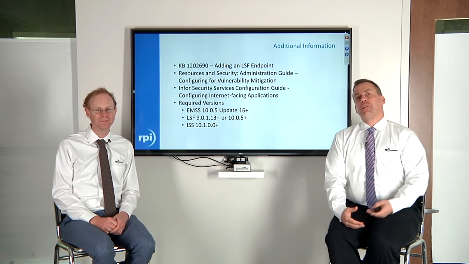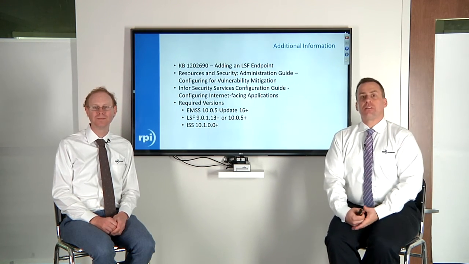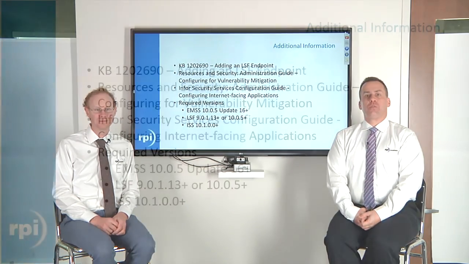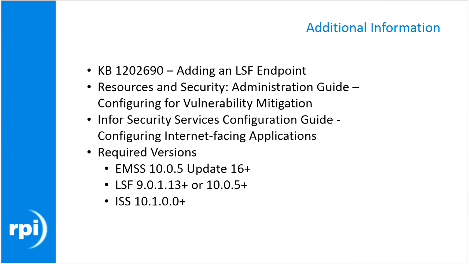So a little bit of additional information for you, where a lot of this was gathered. You can see here to do some further reading on your own. Don't forget your required versions, that you need to be fairly current. I would think that most people are at least at this level by now. Notice that you do still have the 901 option as well if you want to enable it.